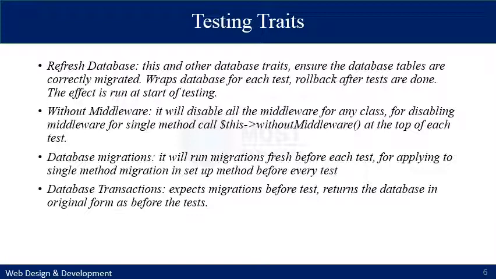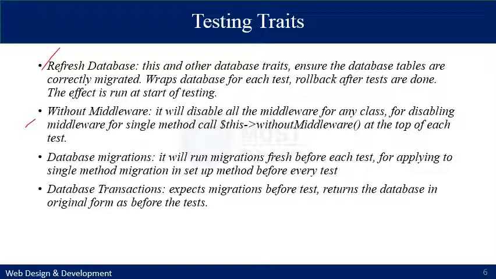This effect is run at the start of testing. The next trait is WithoutMiddleware. It will disable all the middleware for any class.